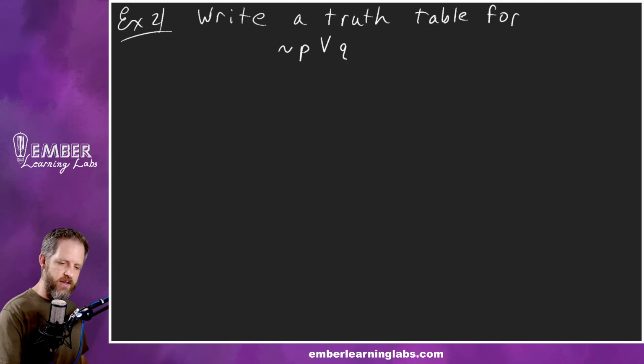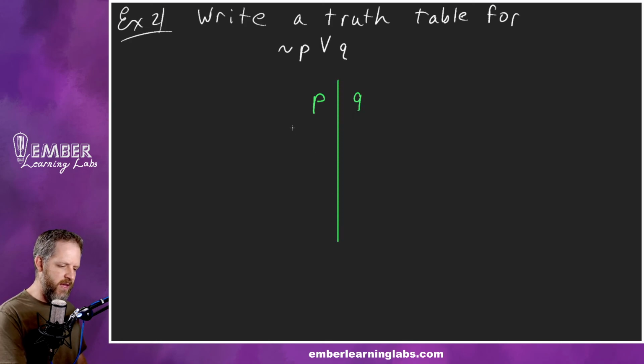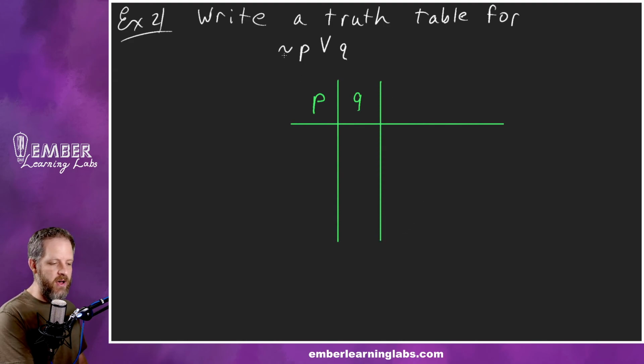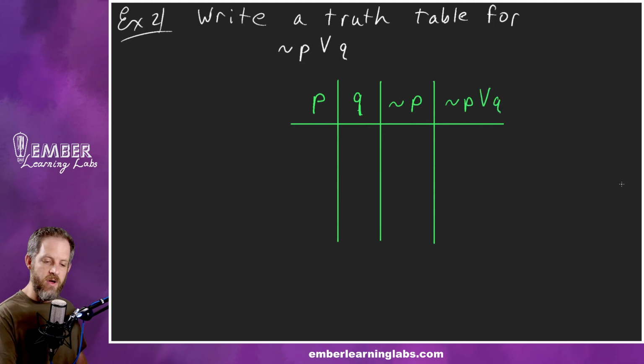We start this the same way we have been starting our truth tables. We have our two options, P and Q. That is the beginning. We also have an intermediate step of not P, so we are going to include in our truth table a column for not P. Then we can have a column for not P or Q. Our options to start out with are the same as before.